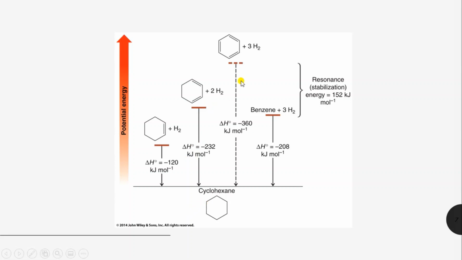You can see for the single double bond cyclohexene, for the addition reaction to happen, a very small amount of energy is required, and then as we move ahead with two double bonds in conjugation, the energy goes up for the hydrogenation. And if we put three double bonds in conjugation, that means aromatic, that is the benzene ring, you can see in this figure that the energy barrier has increased up to minus 360 kilojoule per mole, which is a clear indication that this reaction is very difficult to have.